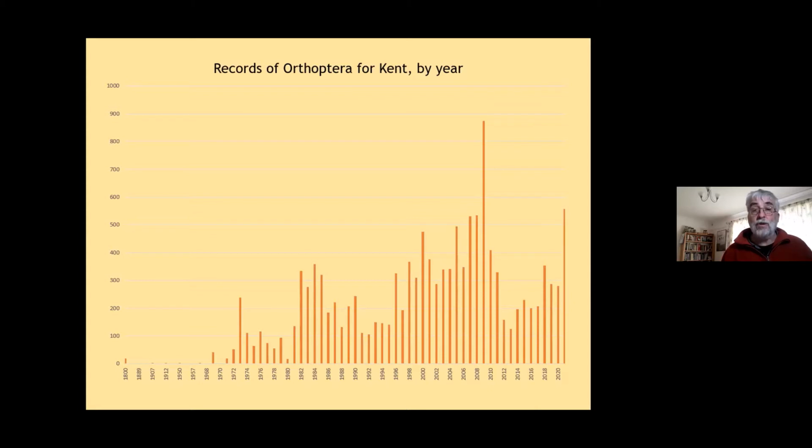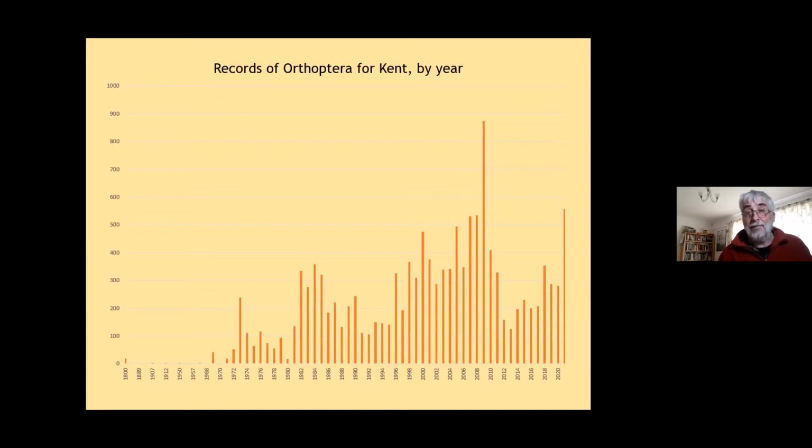That's all the crickets, bush crickets, groundhoppers and grasshoppers. It includes records I've been sent as county recorder for the Field Club, all the data which I transcribed from the cards in the Maidstone Museum, and data which has been very kindly provided by the Kent and Medway Biological Records Centre.